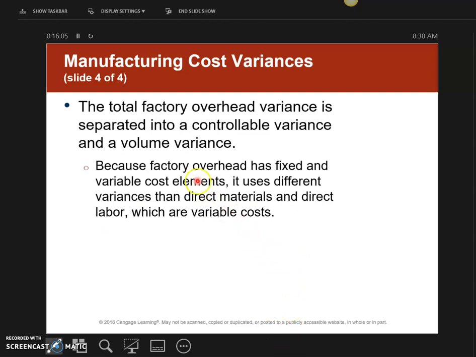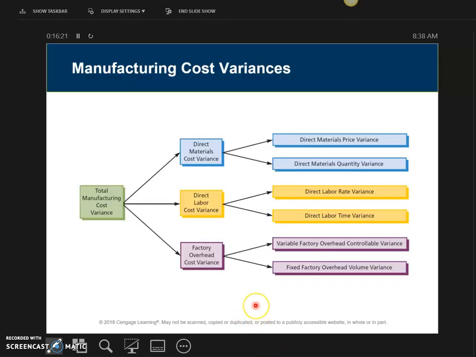Okay? This is a little bit more complicated and we're going to talk about this because I've got fixed and variable that I have to have costs for each one. Now I'm going to show you the next slide, which is going to be, I believe, the final slide in this video. And it's a little bit confusing, but again, I do have a template handout.